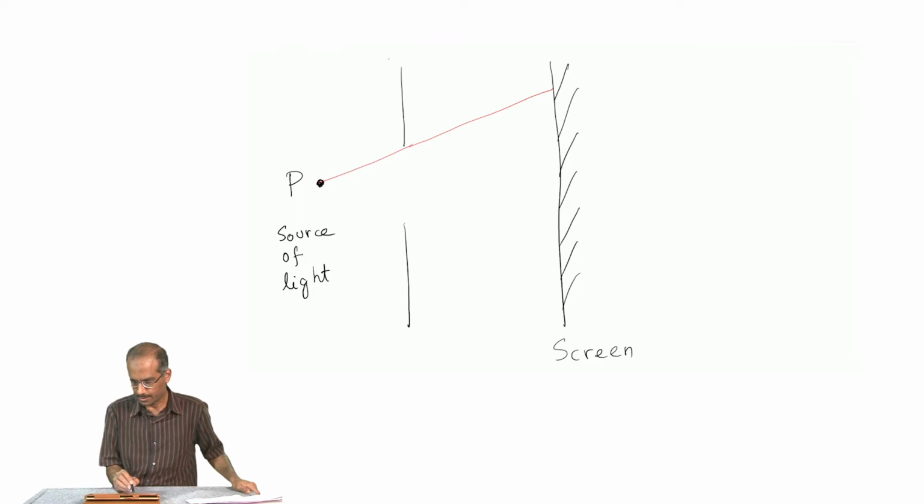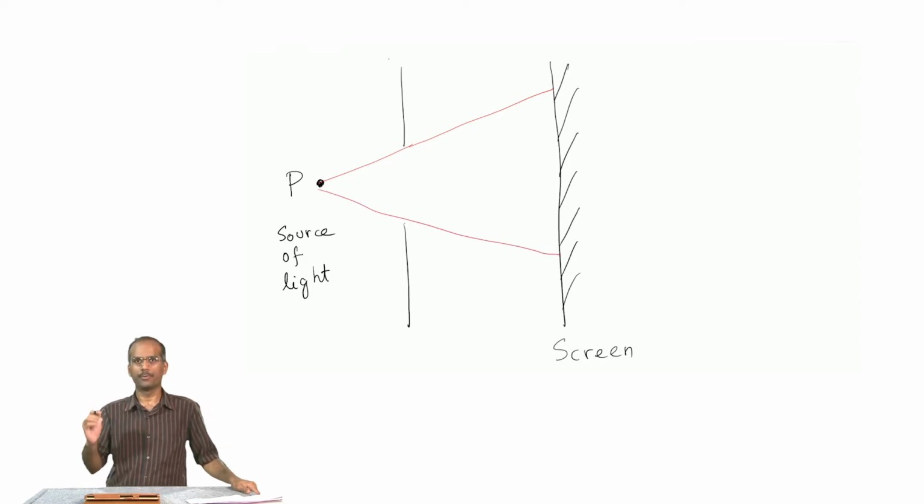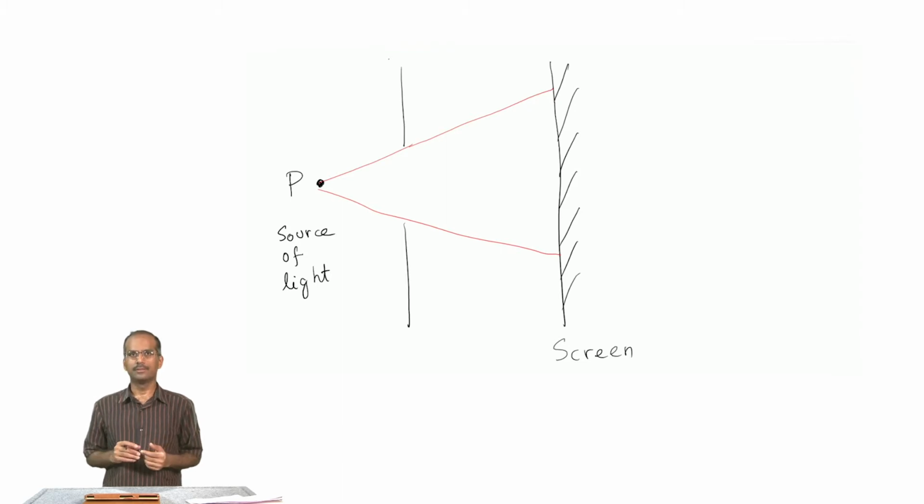a very clear boundaries. So, this effect that we see, where you see that there is some light even in a region which is expected to be dark, happens due to what is called diffraction effects, and this diffraction effect is essentially an effect that arises because of the wave nature of light.